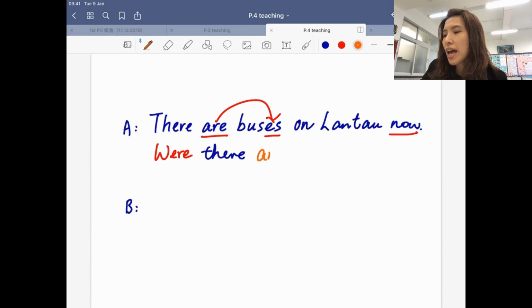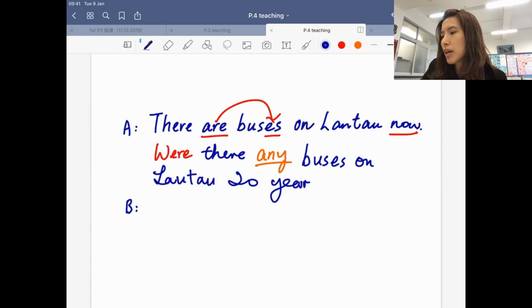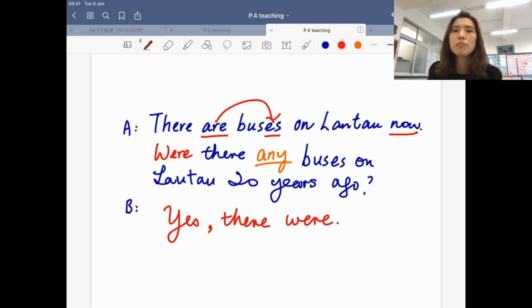So were there any buses on Lantau 20 years ago? In past tense, right? What do you think? Were there any buses on Lantau 20 years ago? Yes, there were. So the answer would be yes, there were. Full stop. Easy.